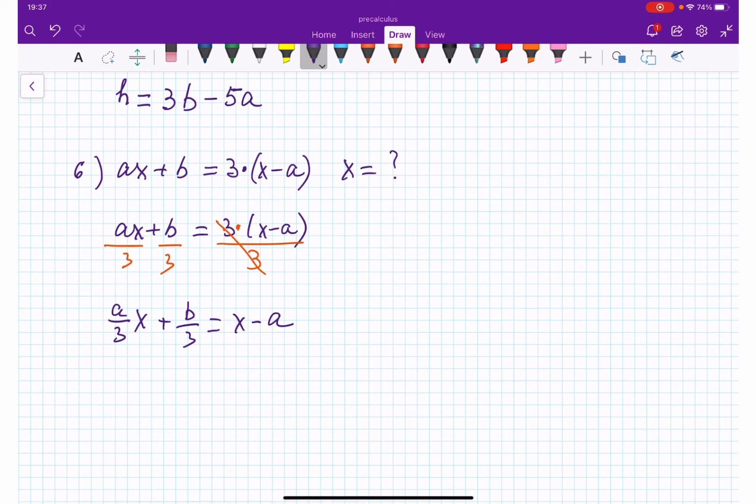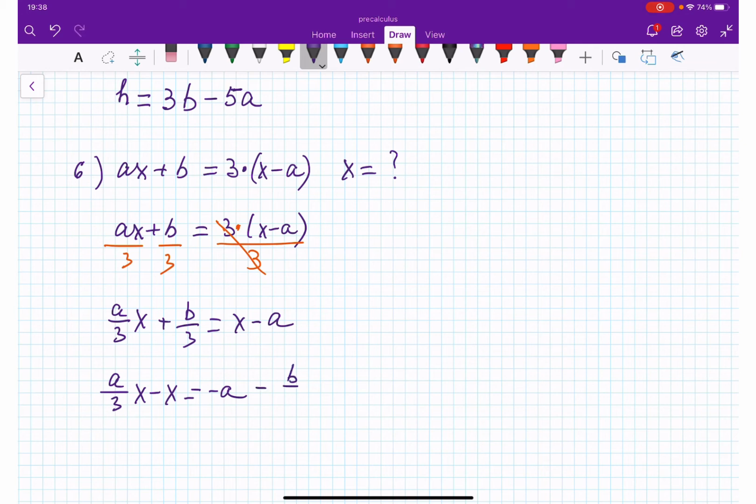Now I'm going to move this x on this side. So I'm getting a over 3x minus x is equal negative a. And b over 3 I'm moving on this side because there is no x. I'm separating all terms with x and all other leftover terms on the other side.